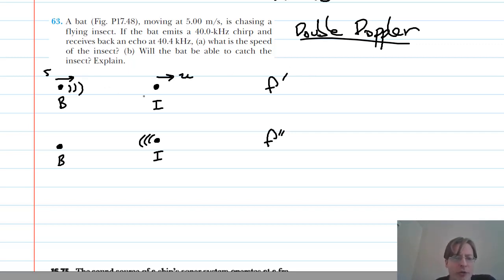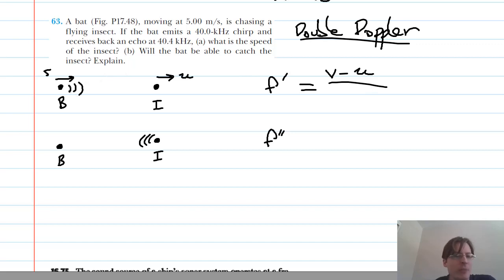So first, there's the sound which actually hits the insect. That's f prime. The insect is moving. In this case, the insect is the observer of the sound. It's getting hit by the sound waves. So I would have to use the speed of sound minus u, minus because the insect's heading away from the sound waves, v minus u.